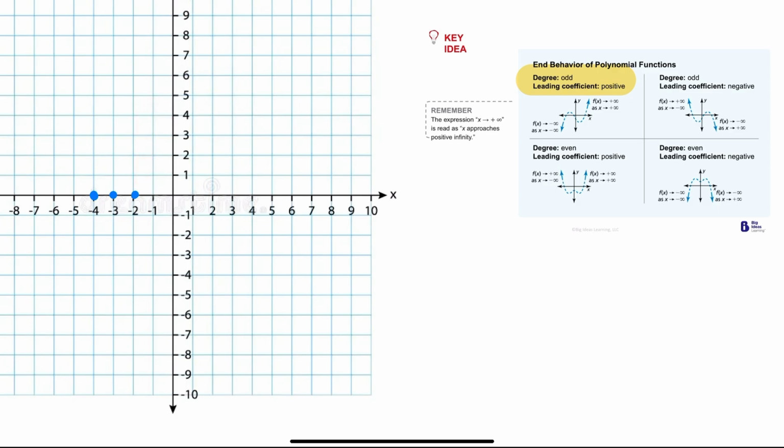And we want to make sure that we go straight through those zeros, right? A multiplicity that is an even number would not go through the zeros. It would go toward the zero and then touch the zero and go the other direction. But since our zeros have a multiplicity of 1, we're going to go directly through, back down, and back up. Okay?